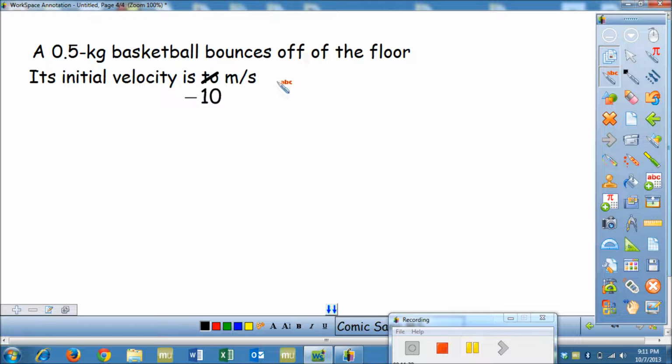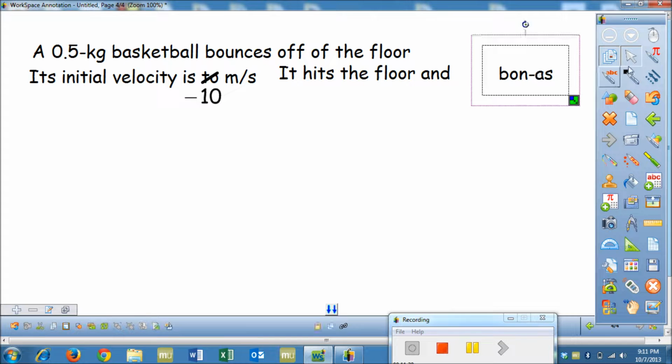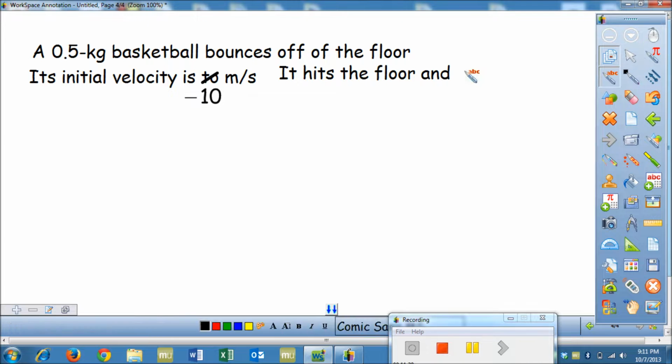It hits the floor and bounces back up at 8 meters per second.